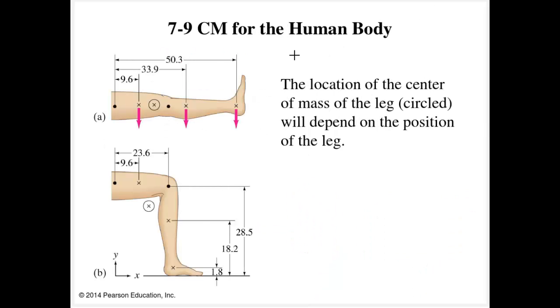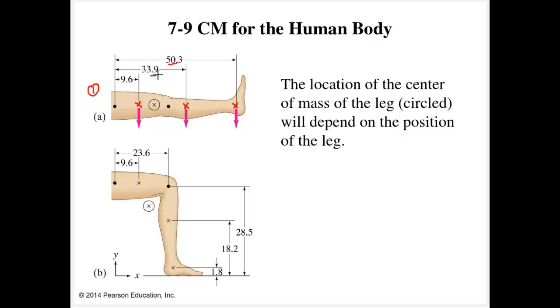We can take a look at calculating the center of mass for the human body, in the first case, looking at a leg that is extended. Here I have the center of mass for the thigh, and here I have the center of mass for the calf, and here I have the center of mass for the foot.